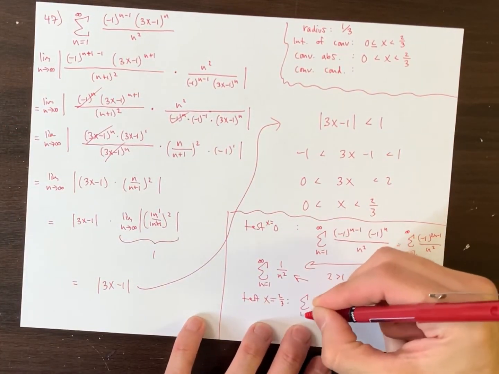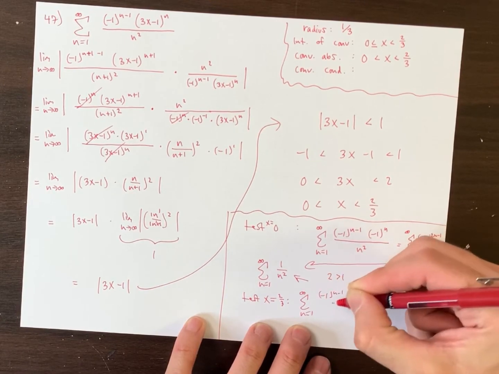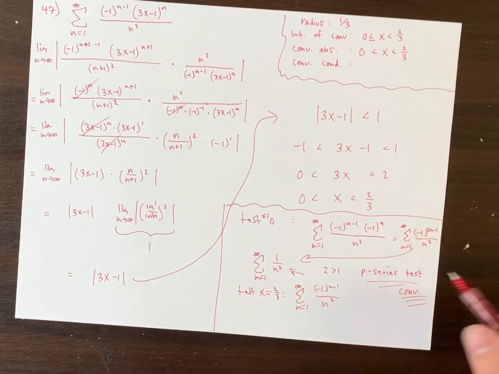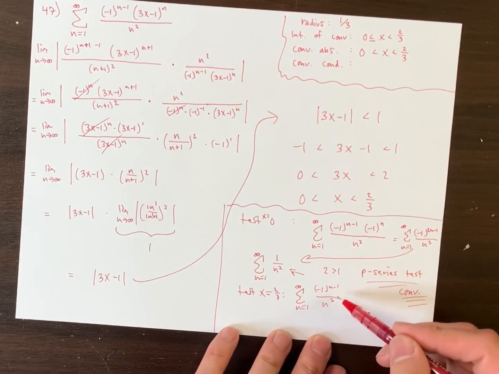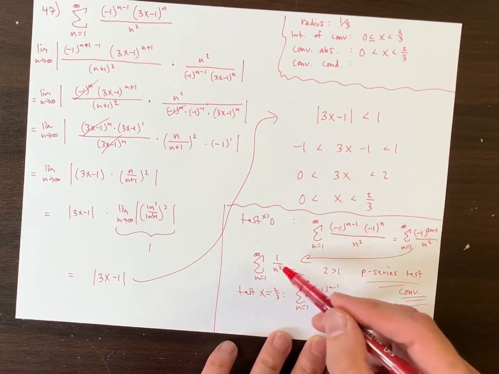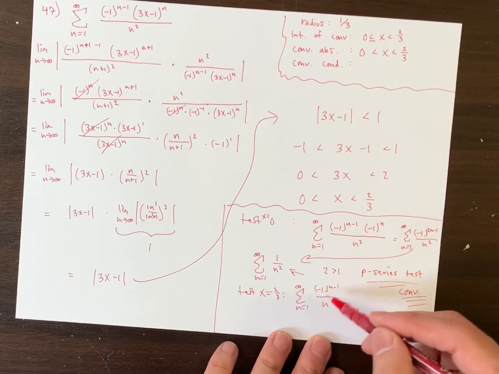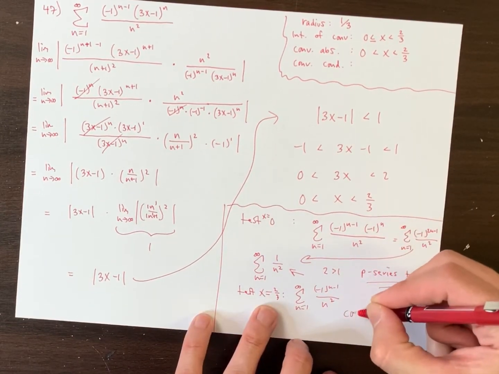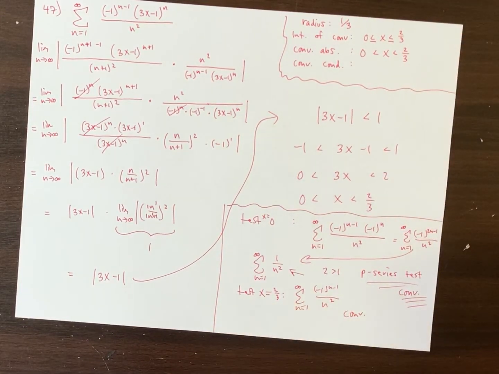So you basically get this back. You basically just get back this here for when x is 2/3. But I could apply the same technique to this. I could take the absolute value of this and it'll look just like that. And again, by p-series, the absolute value version of this would converge by p-series. So again, at 2/3, we have converges. So boom, I have converges there.